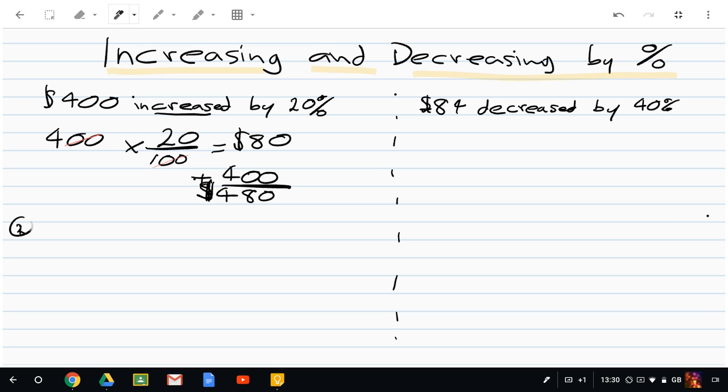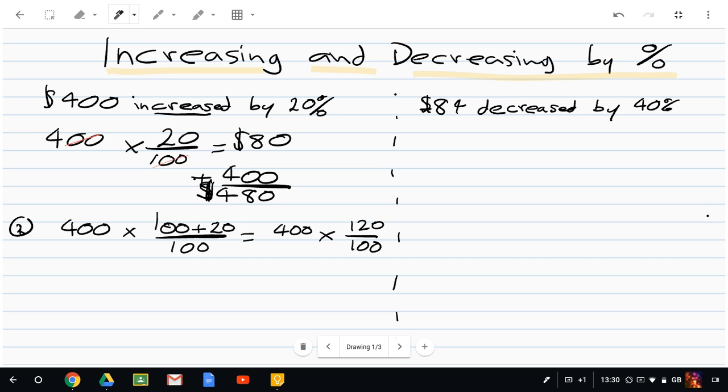The second method is so you don't have to add that original 100% on. So if I start with my 400, and instead of just timesing it by the 20%, I take the original 100% and I add the extra 20%. So now I'm going to find 120% of my 400. So I'll just write that out. My 400 times 100 plus 20 is 120 over 100.